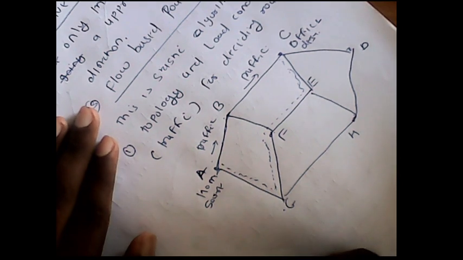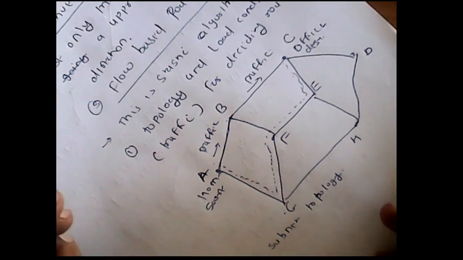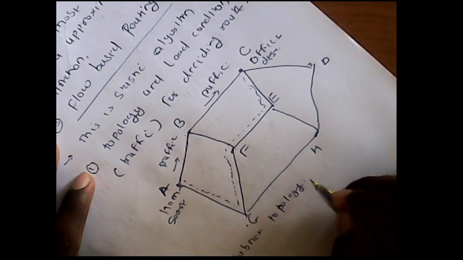By using this technique, flow based routing, the following information should be known. First one, advance knowledge of the subnet topology. Subnet topology means different directions should be known in advance.